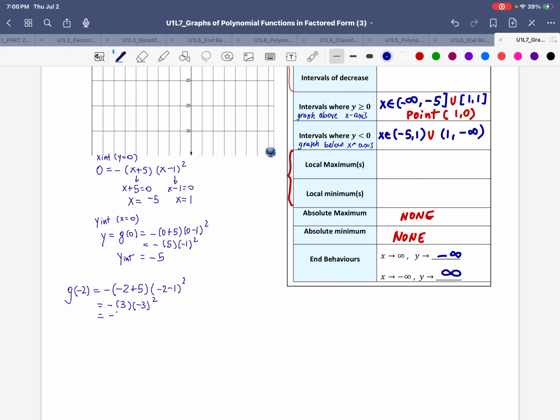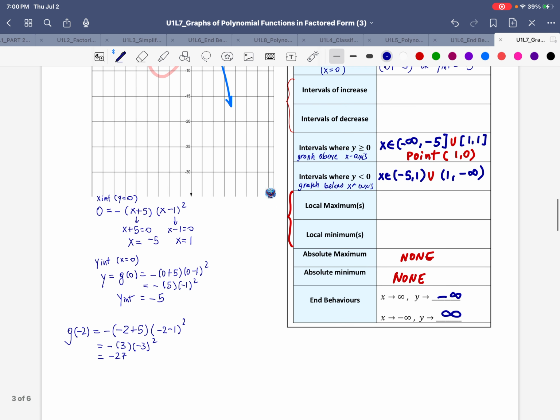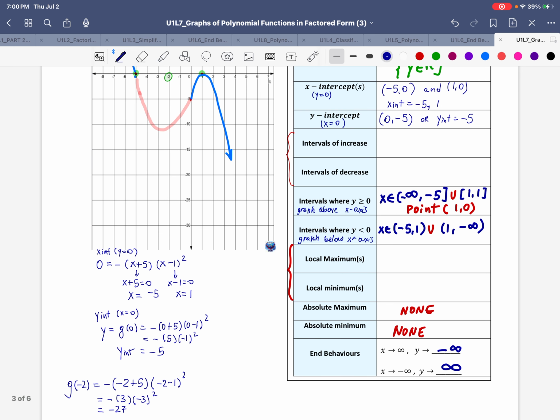So we're going to say that when x equals -2, the value of y is -27. This is definitely a point worth plotting on the graph because it is a point on the graph of this function. Now remember that according to this scale in here, it's going to be a point somewhere in here.